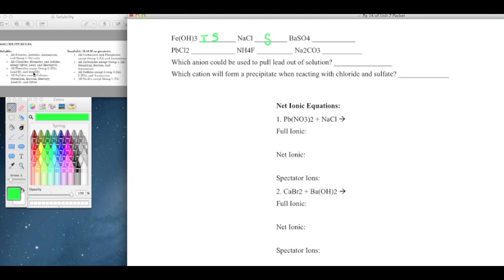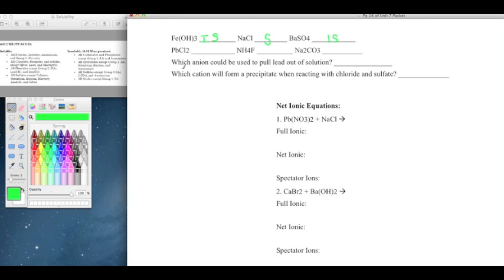Just as a refresher, when you're an exception within the soluble column, you are going to be insoluble. So pause this video right now, please, and complete these next 3 problems, please.